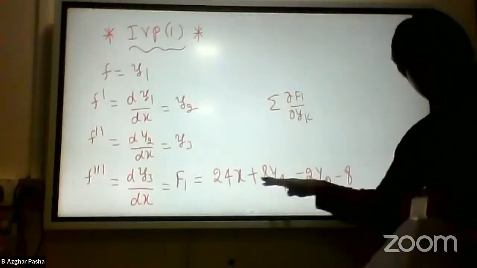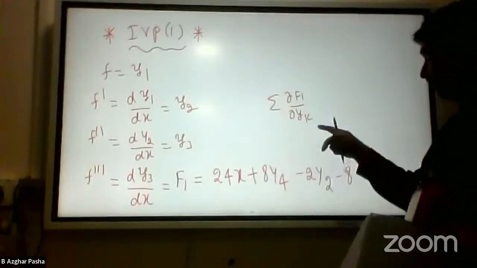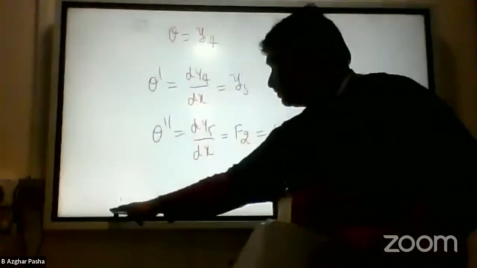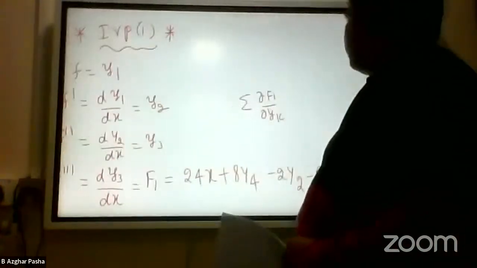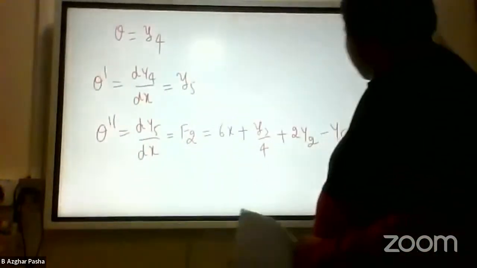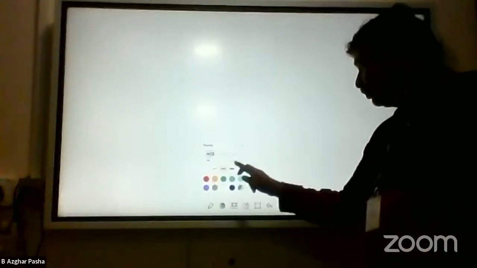You have to differentiate this with respect to y1, y2, y3 and so on, and write the counterpart for f triple dash. Same thing comes at this point. All are interlinked. We are just extending the same concept. So let me write initial value problem 2.